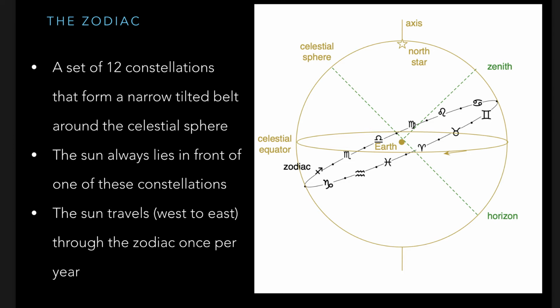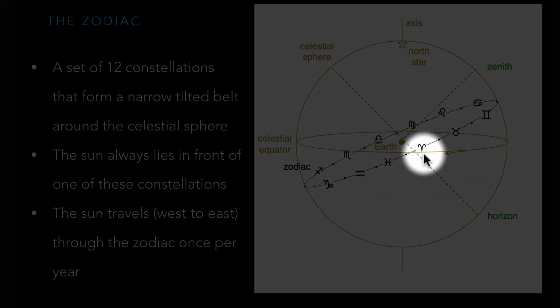And those constellations reside along a line that goes around the sphere and is fixed to this sphere. So the one that's just off on the western horizon, if you're standing here, that would be Aries. This is Aries right here. Then we have Taurus, Gemini, Cancer, Leo, Virgo, Libra, Scorpio, Sagittarius, Capricorn, Aquarius, and Pisces.